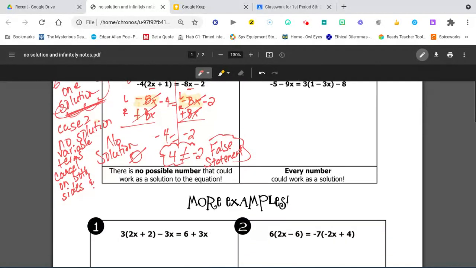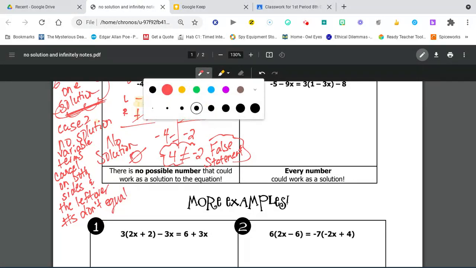And the leftover numbers don't equal, or the leftover statement is false. All right, that's how we get a case 2.